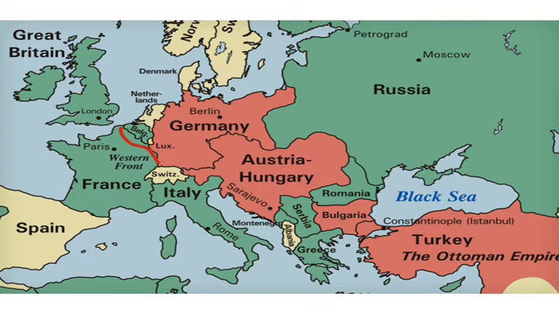What made this different than any other war before it was that these countries had built up modern weaponry for the first time in world history. There were massive artillery cannons in all of these countries. And for the first time, machine guns were manufactured and widely in use.